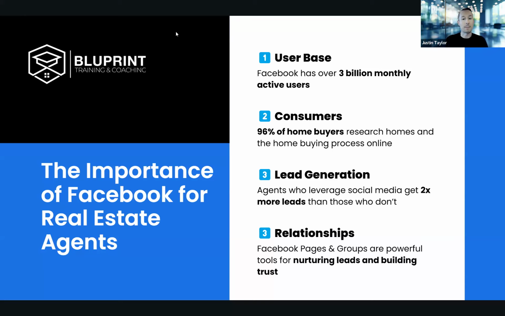But then the algorithm came along, and now you see content based on interest, based on actions you've taken, sites you've visited, pages you've interacted with, comments, likes, all that good stuff takes into account what is actually going to be shown to you in your feed. And that's going to be important when we talk about the key differences between pages and groups.